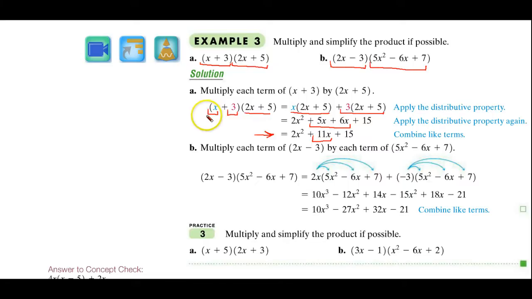Now notice that this is a factor and this is a factor. We are multiplying two binomial factors that eventually give us a product that is a trinomial.